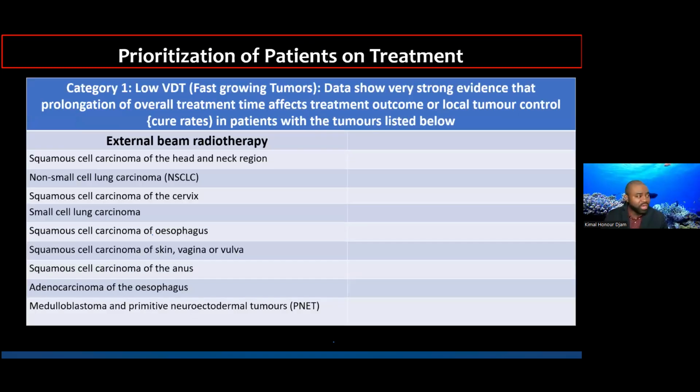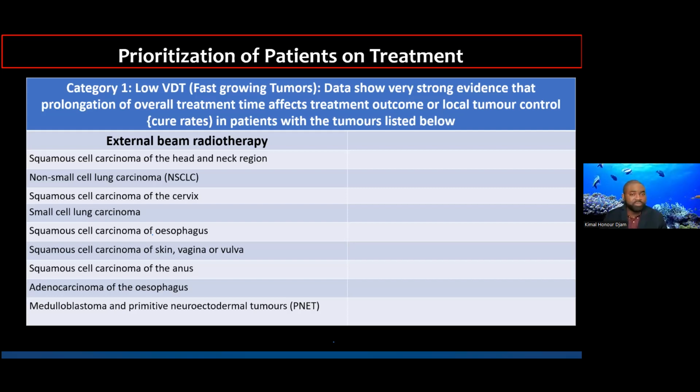And when we look at category 1 tumors, in other words, tumors which are fast growing, data show very strong evidence that if we prolong the overall treatment time, the local control drastically diminishes for this set of tumor cells.